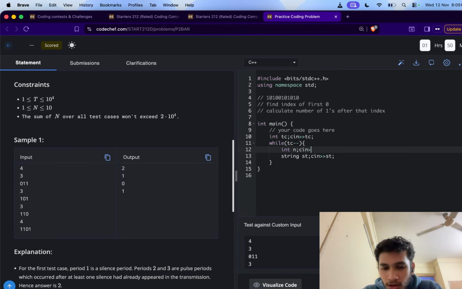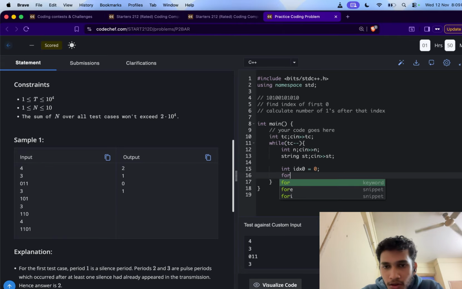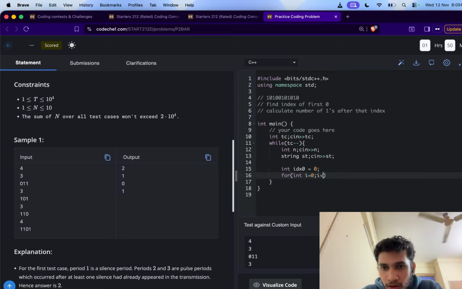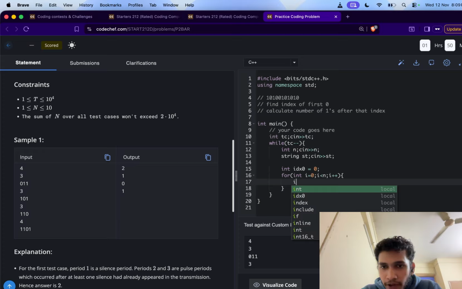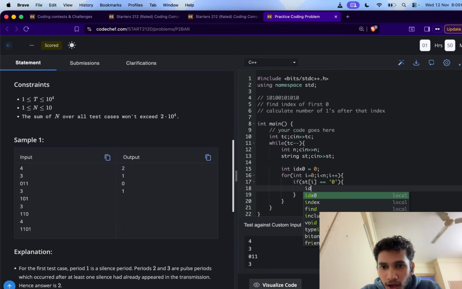Let's take it in the form of a string only. Find the index of the first 0: if the current character is 0, set idx of 0 to the current index, and then break.